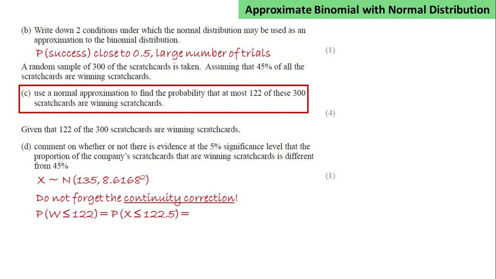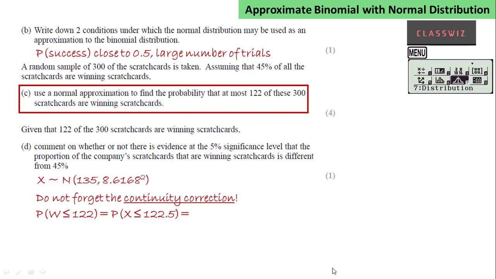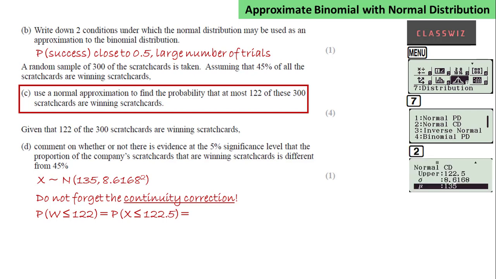When we approximate a binomial distribution with a normal distribution, we have to use a continuity correction. So, to calculate the probability that W is less than or equal to 122, we actually calculate the probability that X is less than or equal to 122.5. So here we can return to our calculator. Now we choose a menu. We're now going to choose the normal distribution, normal CD, so that'll be option 2.